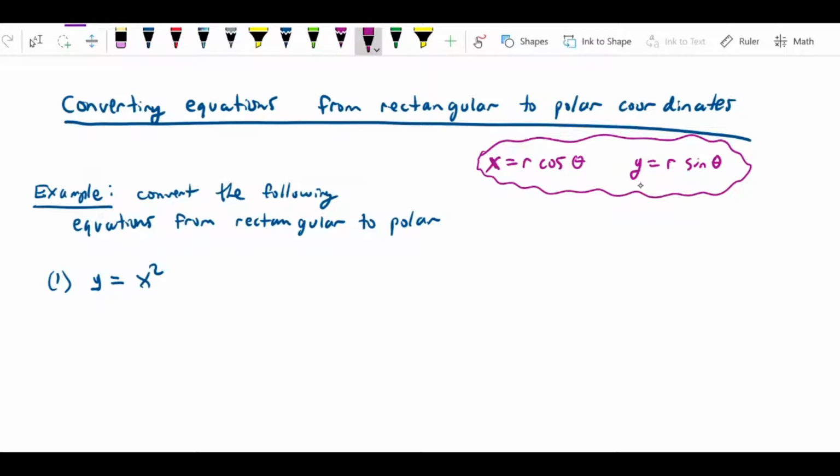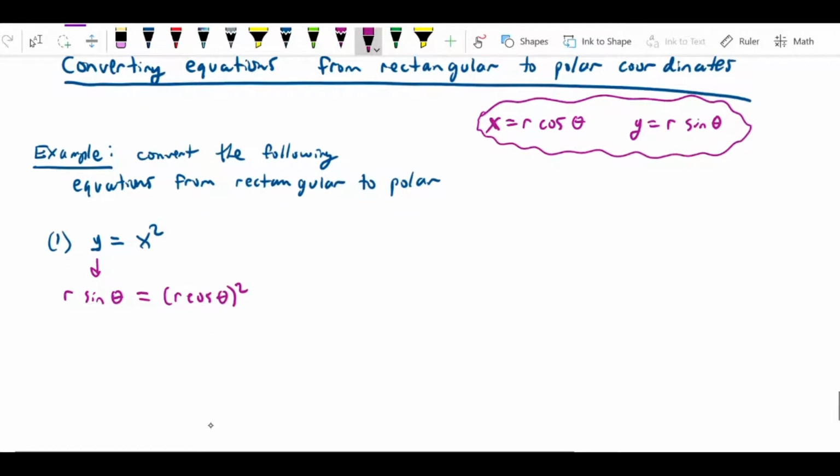So y becomes r sine theta, and x squared becomes r cosine theta quantity squared. Now I'm just going to manipulate this algebraically a little bit. This gives me r sine theta equals r squared cosine squared theta.